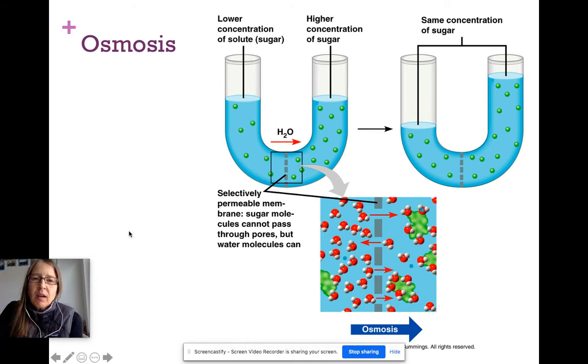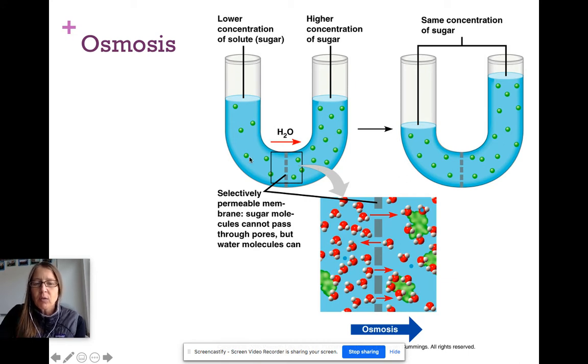Now, in the context that we're going to be looking at it, water is going to move if there's a difference between either side of the membrane. So here's a membrane; pretend that's a cell membrane. It's selectively permeable. The water can go through, but the solutes in here cannot move through that membrane. So here we've got a difference in solute concentration.